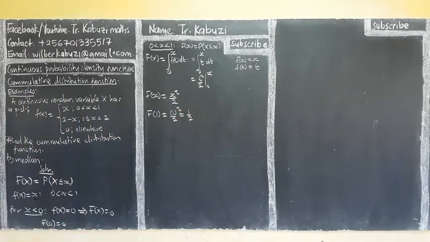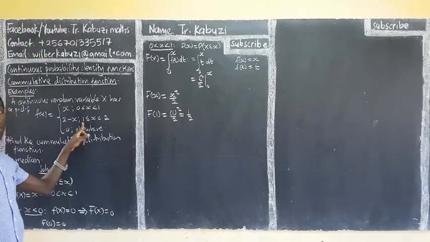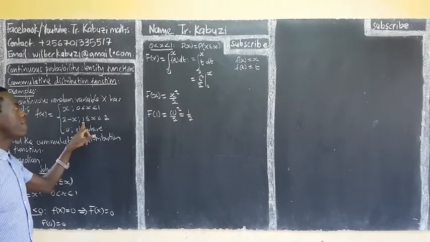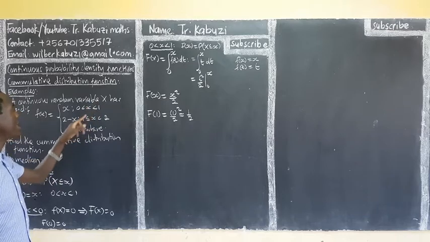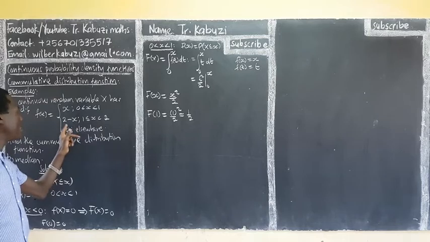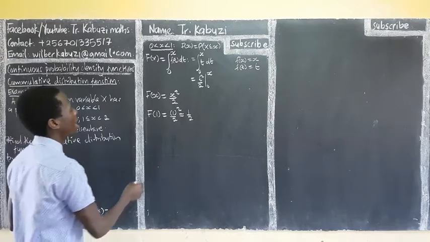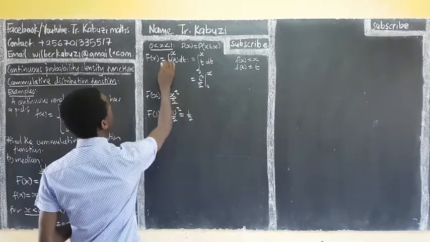Where am I getting the half? Because I substitute in this upper limit. This upper limit is always also in the next interval. That's why we substitute in this, so that we get the value of capital F of 1. Okay, so after getting that, this is our capital F for that interval.